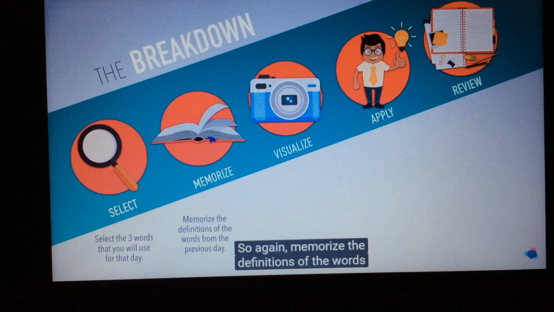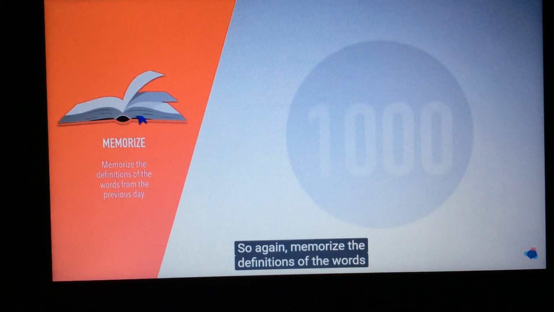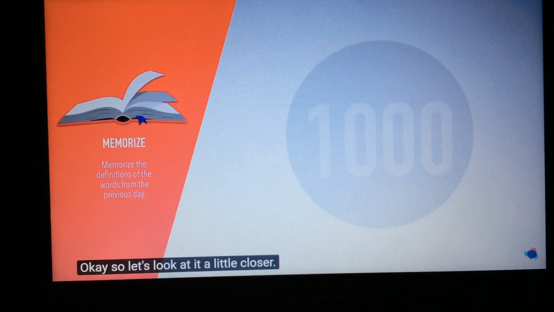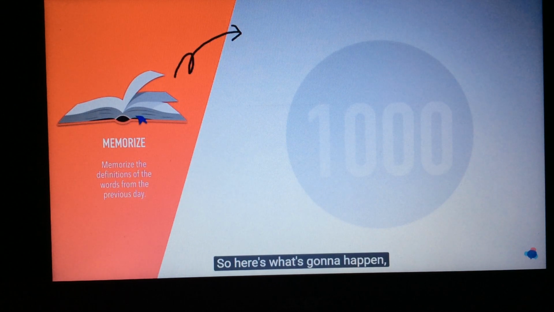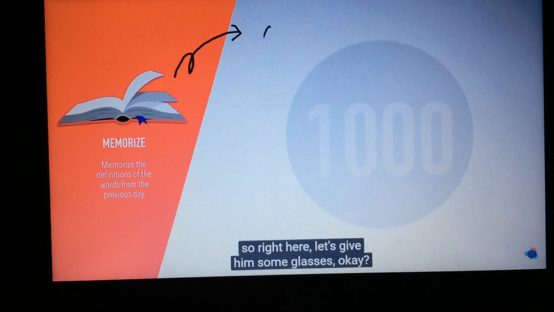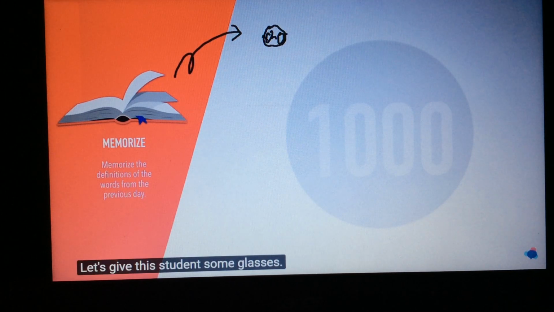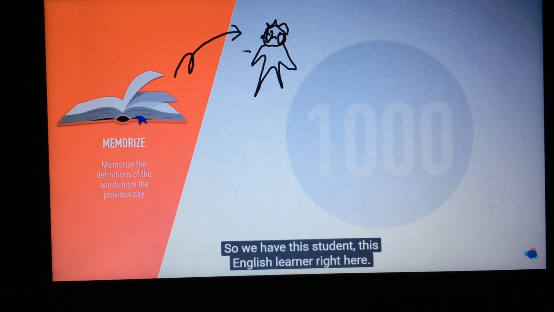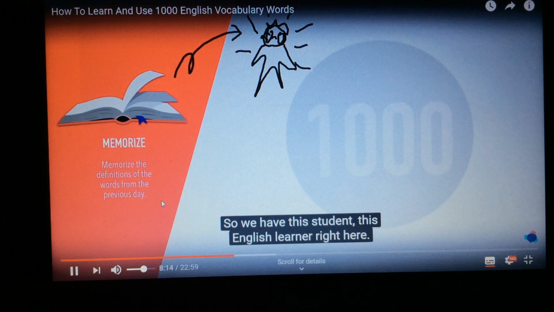Okay, so again, memorize the definitions of the words from the previous day. Okay, so let's look at it a little closer. So here's what's going to happen. So right here, let's give the student some glasses. So we have this student, this English learner right here. So what's going to happen?